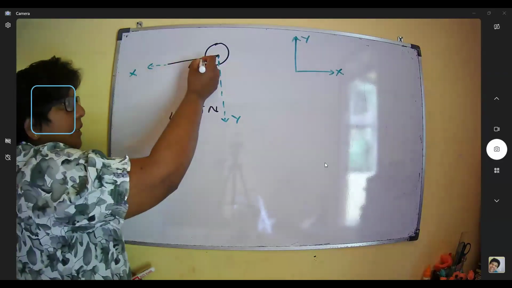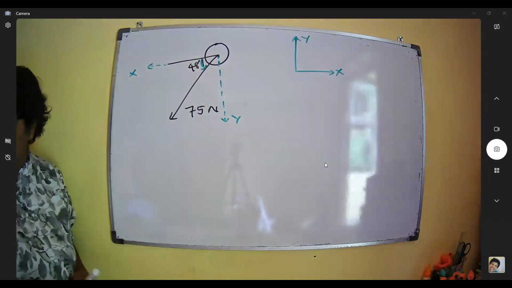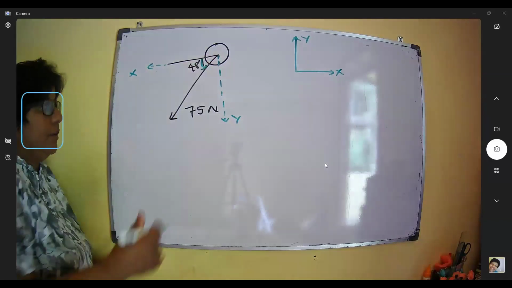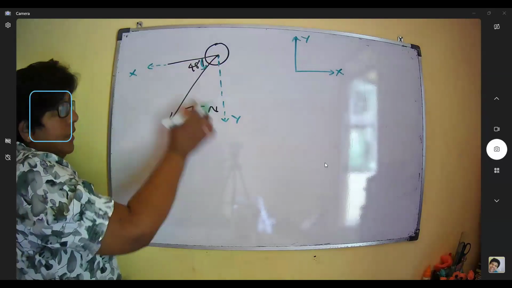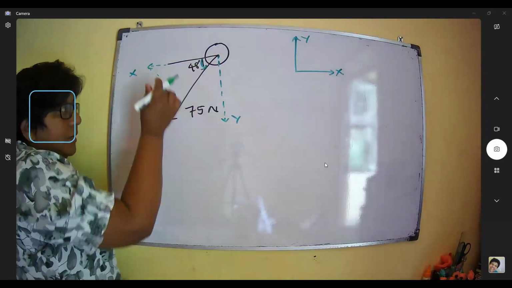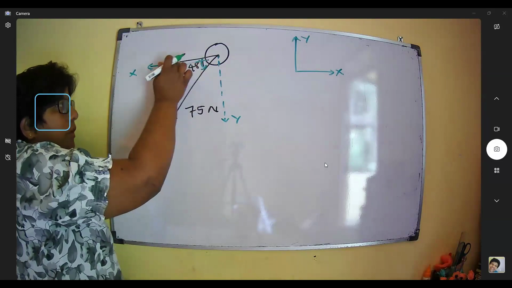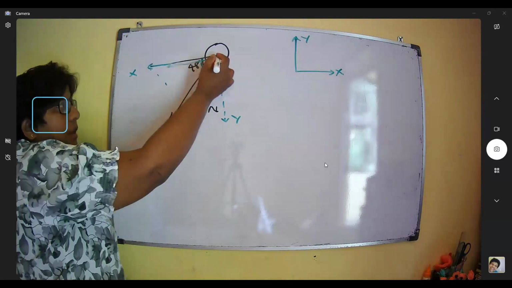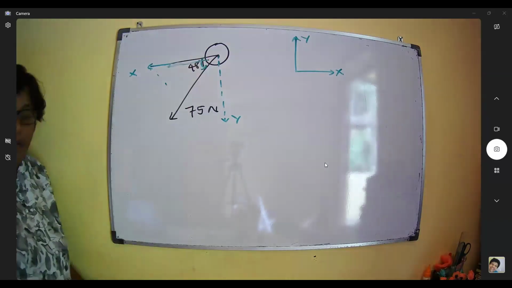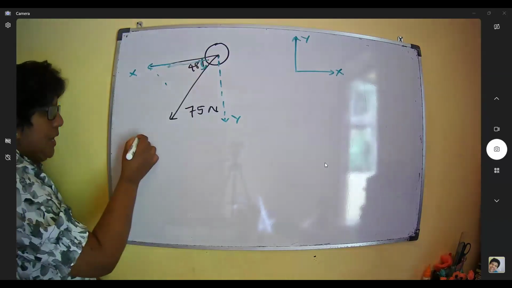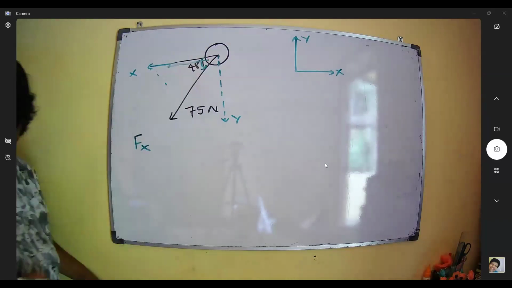48 degrees. Right, then you can draw the diagram as a right angle triangle. Then we have to find the x value, this axis value. In the right angle triangle, we can define Fx along the x-axis.